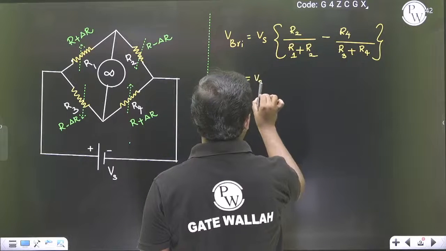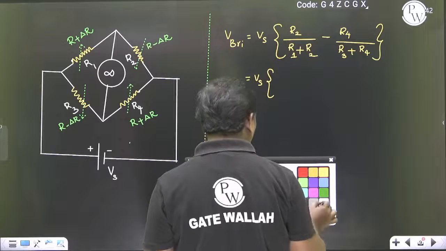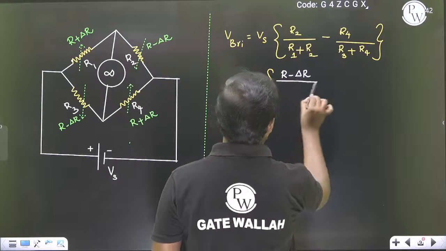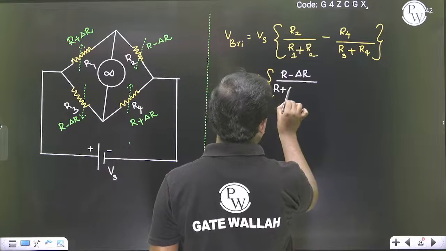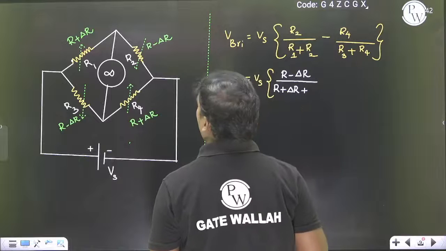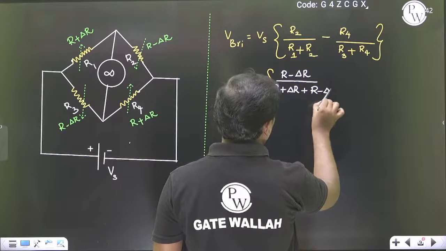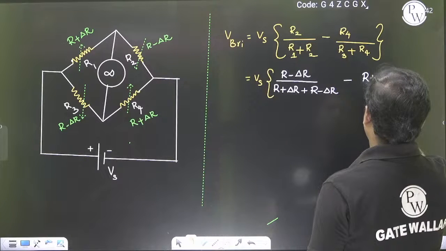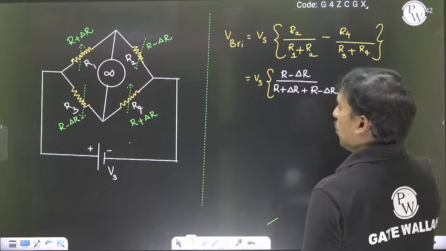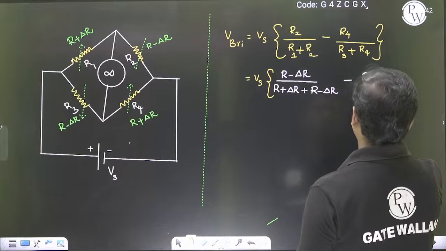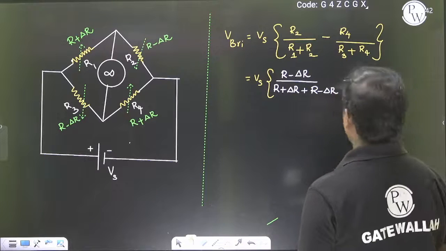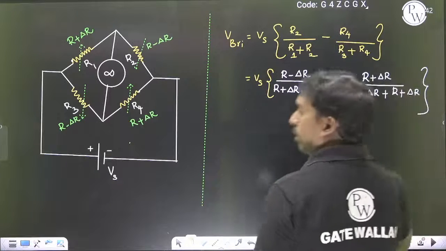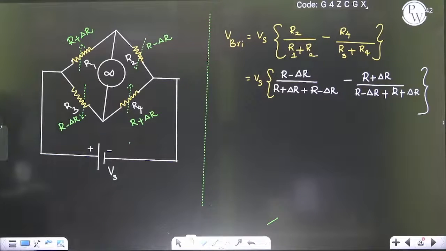So now R2 is R minus delta R, R1 is R plus delta R, R3 is R minus delta R, R4 is R plus delta R. Anybody facing any doubts?